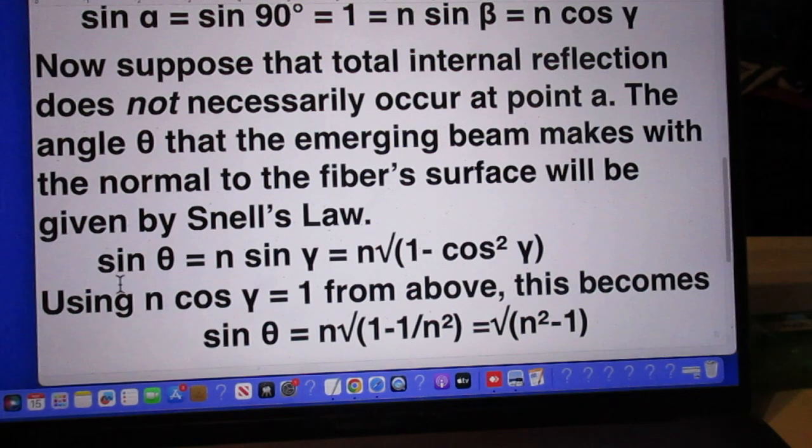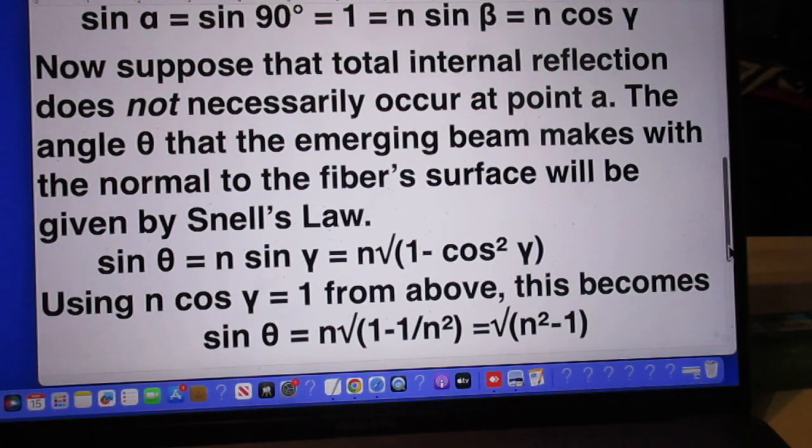So sine theta equals n times the sine of gamma. But sine squared gamma plus cosine squared gamma equals 1. Therefore sine gamma is also the square root of 1 minus cosine squared gamma.